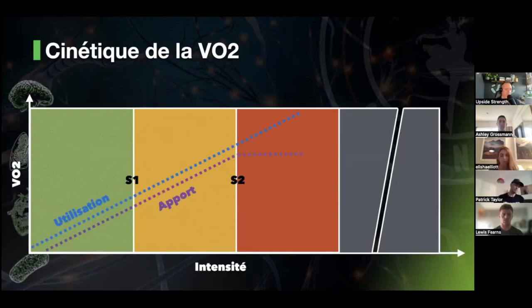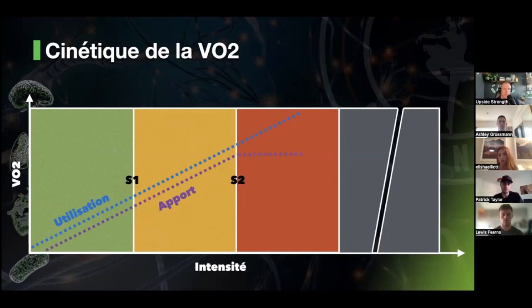And if we think about utilization on one side and delivery on the other, so bringing oxygen to the muscles for them to use it, the delivery is going to respond in a similar fashion to utilization up until the second threshold. And you can see here that there's a plateau in terms of the delivery of oxygen above that second threshold.